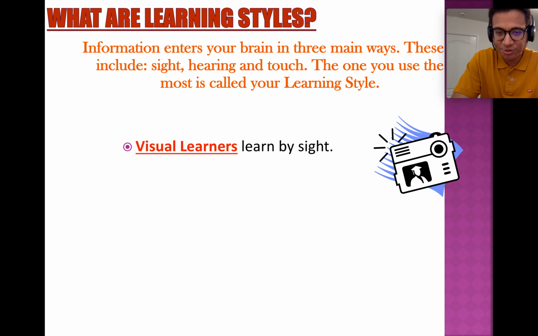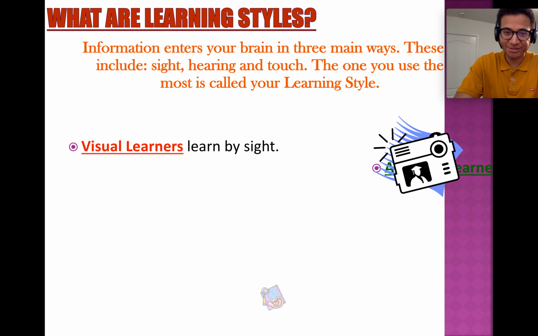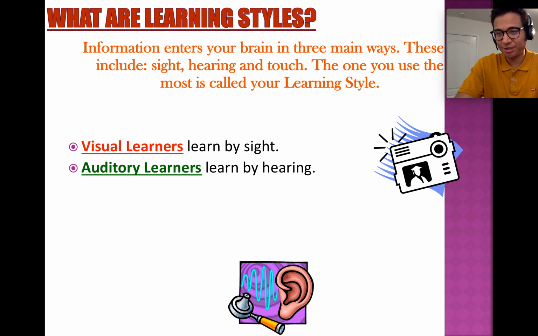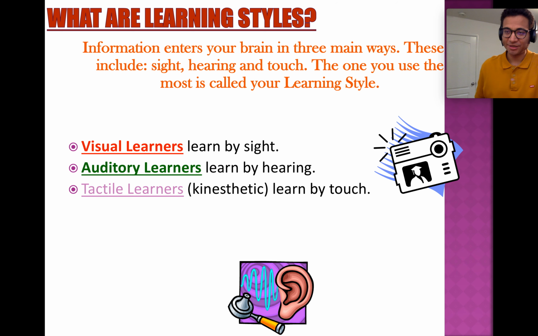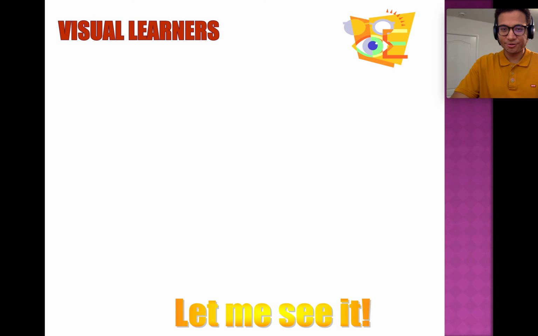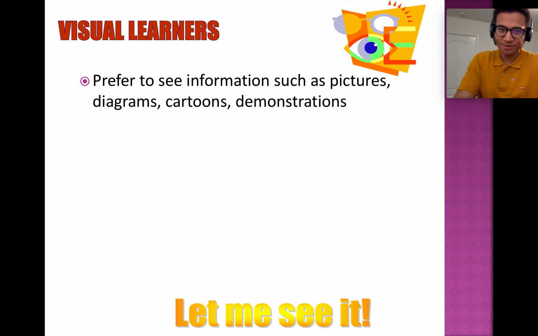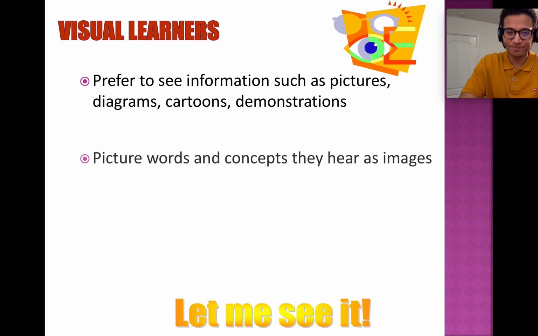Okay. So first one, visual learners learn by sight. Auditory learners learn by hearing. Tactile learners learn by touch. It's definitely me. Okay. Visual learners, and I got this too. Prefer to see information such as pictures, diagrams, cartoons, demonstrations.